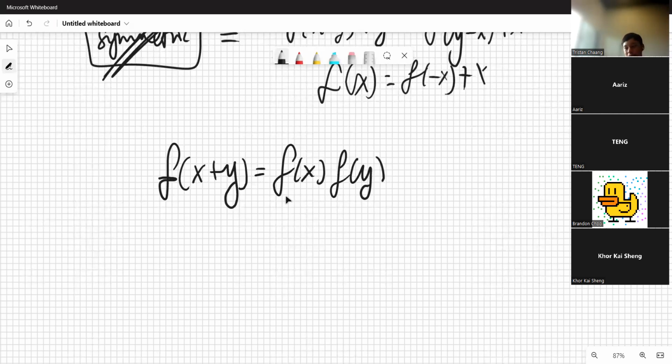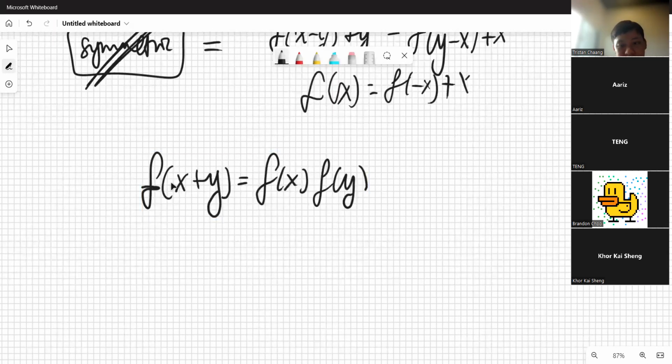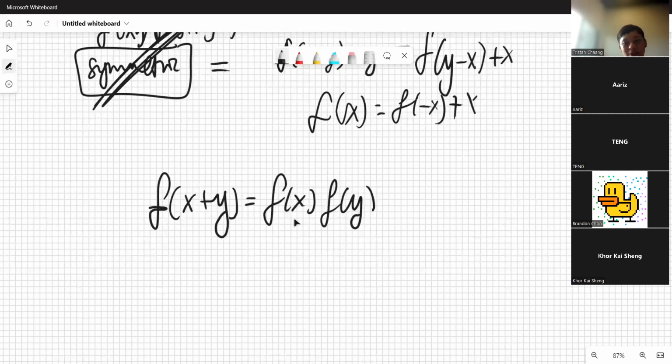In fact, this is a very nice equation. It's what group theorists would call a homomorphism. But yeah, that's just a fancy name for it. But does anyone have an idea how to transform this into a Cauchy function?